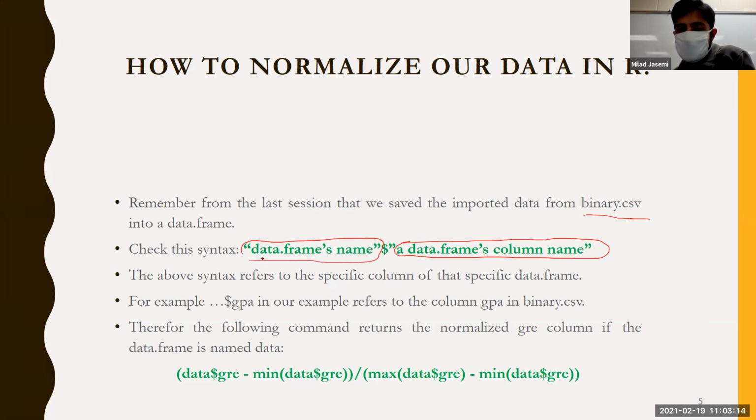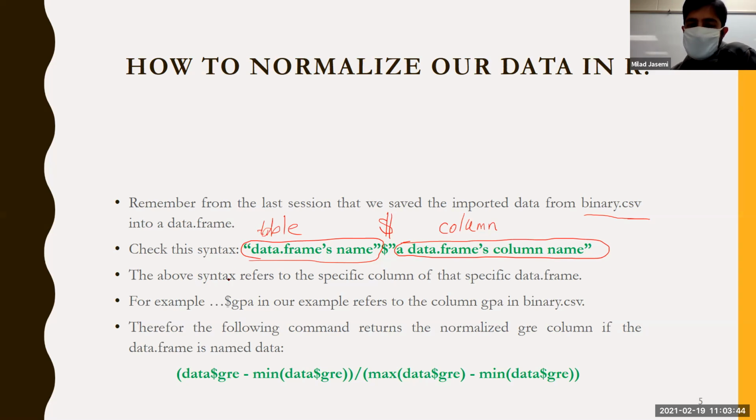So here you have the table, and here you have the column. The connection between these two things is the dollar sign. So when you have the table, just put a dollar sign, and after that the name of the column, and everything would be easy.